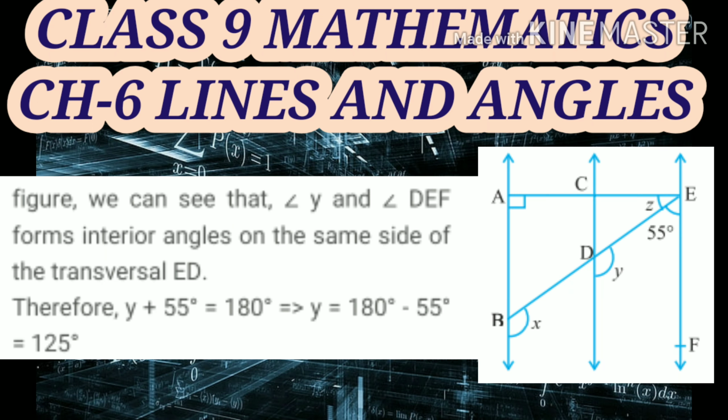Children, in this figure you can clearly see that CD is parallel to EF, which is given, and DE becomes transversal. Hence, angle Y and angle DEF are co-interior angles because they are on the same side of transversal.